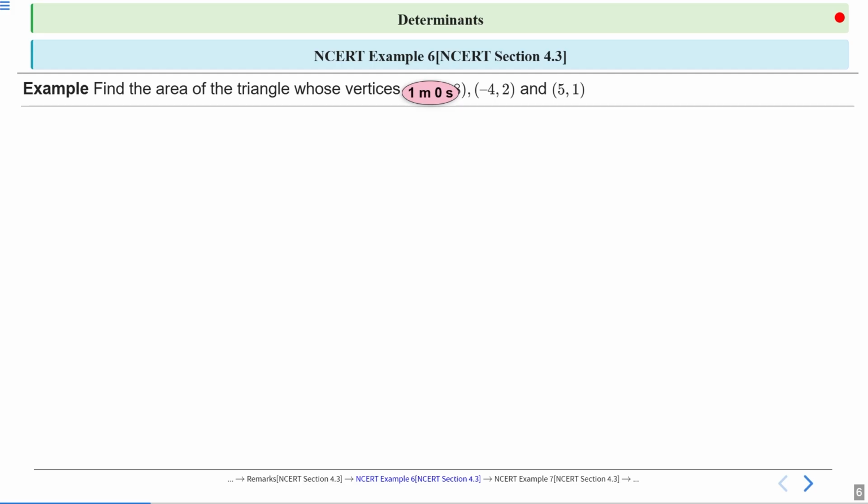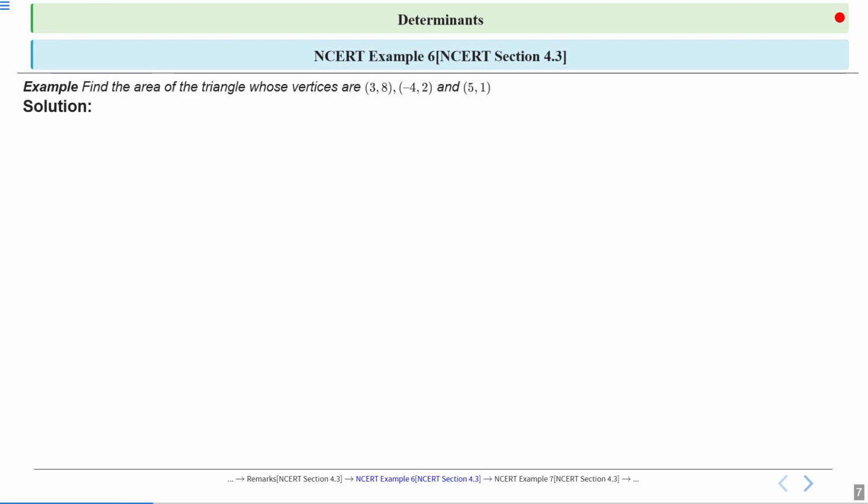Okay, find the area of the triangle whose vertices are (3, 8), (-4, 2) and (5, 1).